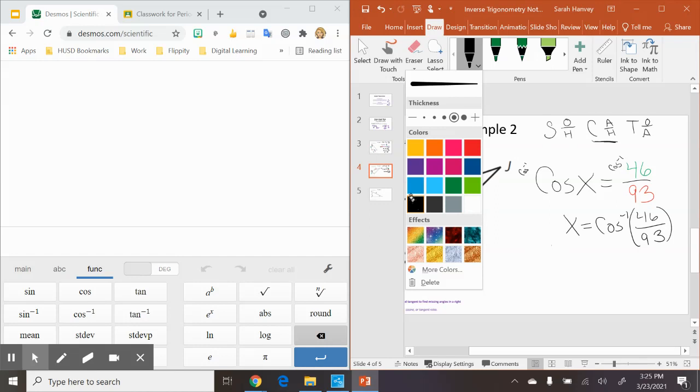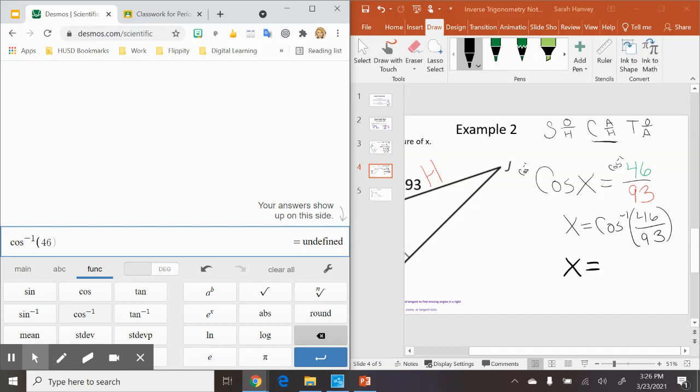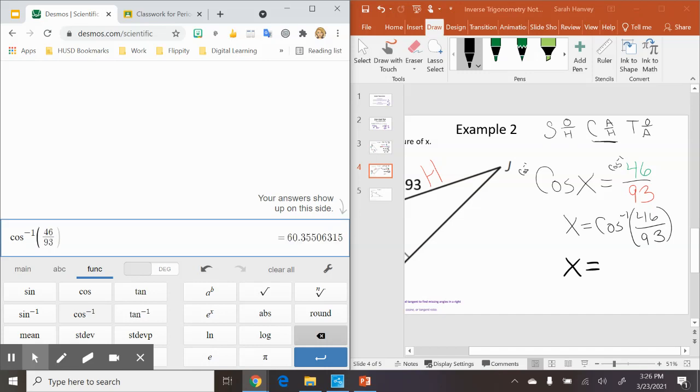So we're going to put x equals, it looks a little better, and we're going to use cosine inverse. So remember, make sure you click on that functions button, make sure it's degrees, hit cosine inverse, and we're going to put 46 divided by 93. And lucky for us, it tells us it is 60.